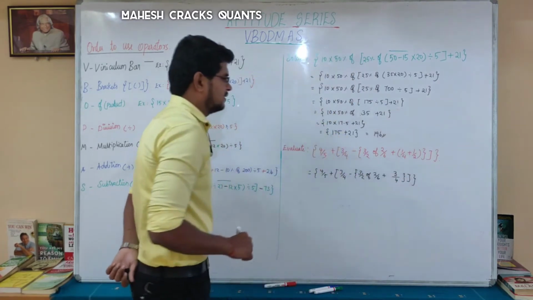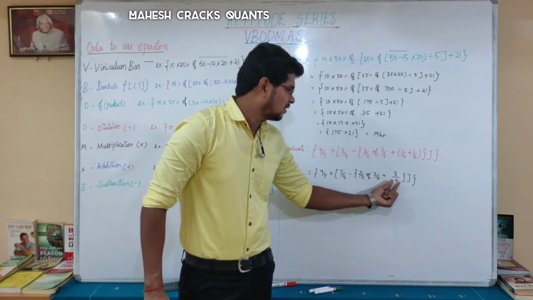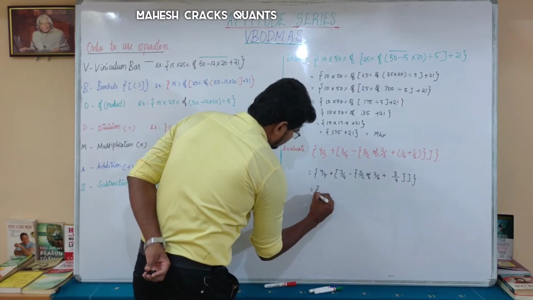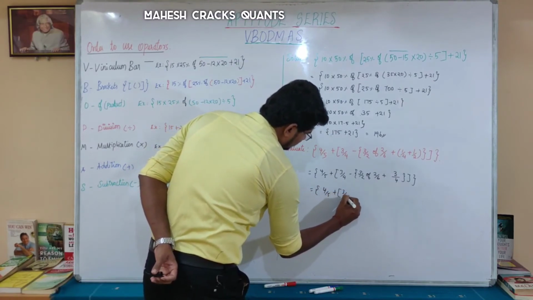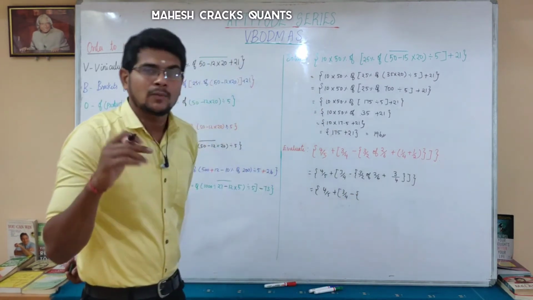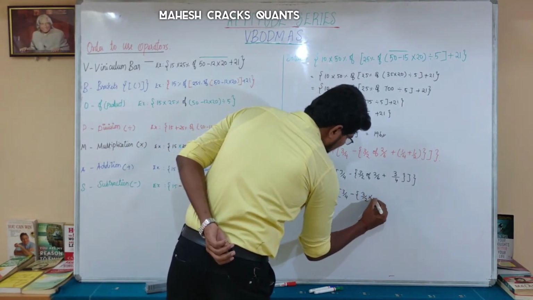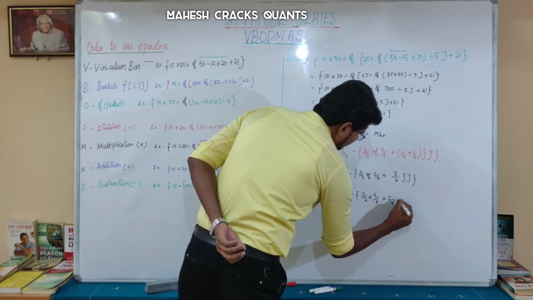So first step over. The second step is between these two. First will you do "of" or plus? You will do "of". So next step is 4 by 5 plus 3 by 4 minus, "of" means nothing but product, that is what I told you. So 3 by 2 into 2 by 6 plus 3 by 4.